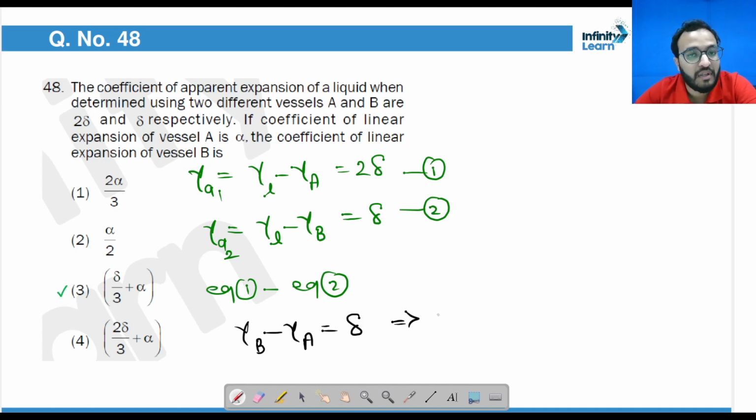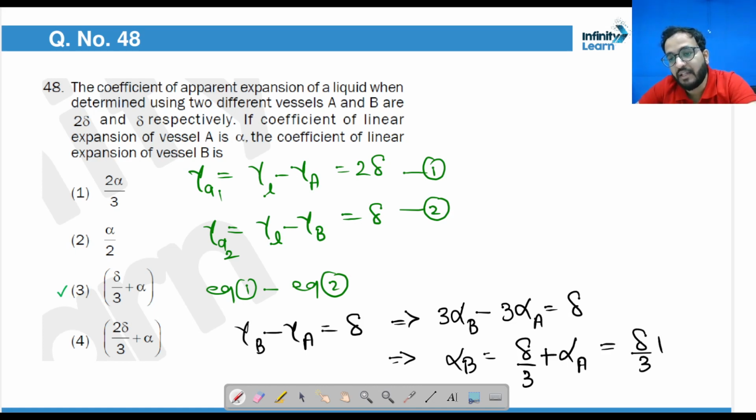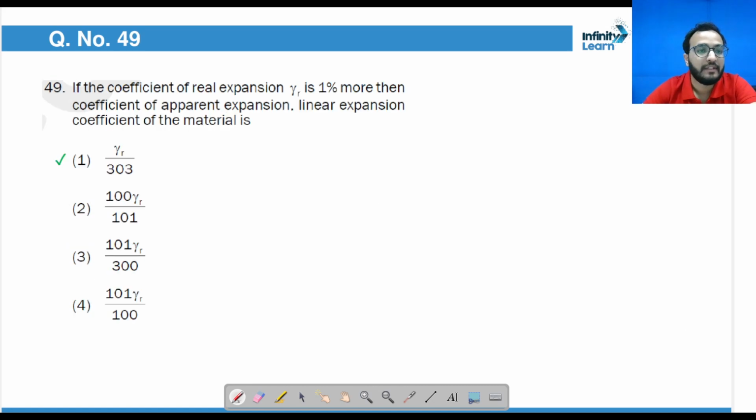They want the coefficient of linear expansion, so 3 times alpha B minus 3 times alpha A is equal to delta. So alpha B is delta by 3 plus alpha A. Now alpha A is alpha given, so it will be delta by 3 plus alpha. The third option is correct. Got it?